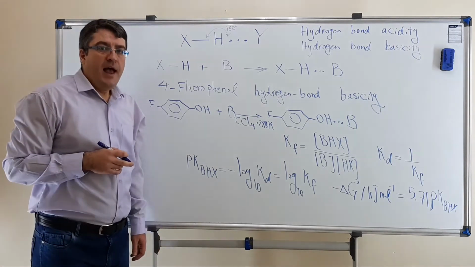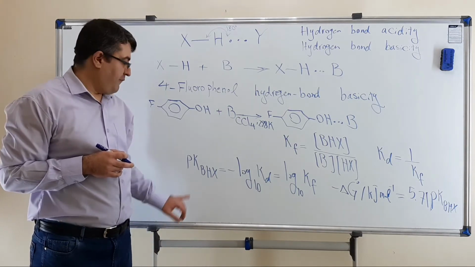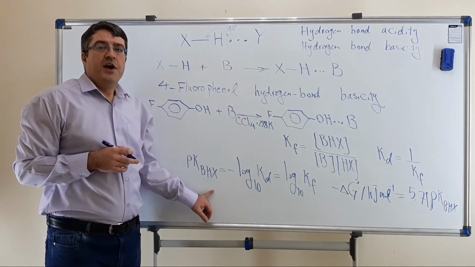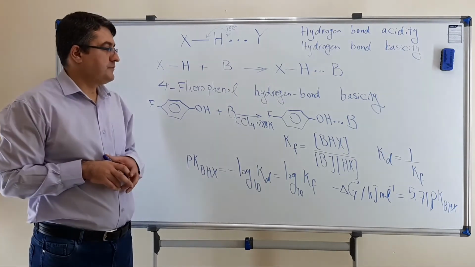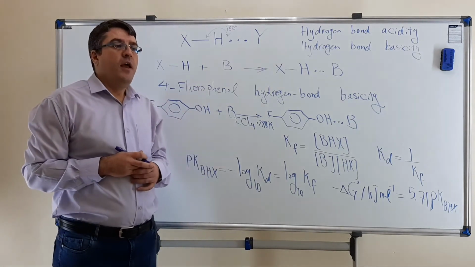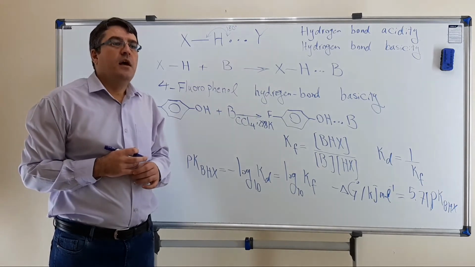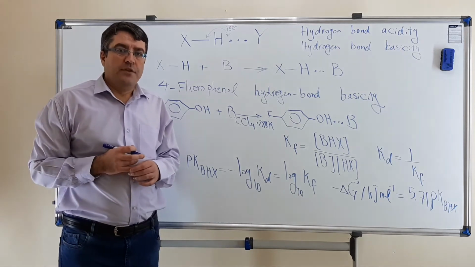Laurence and Gal have provided about 1,000 values of pKBHX in their book. They have considered different types of bases: oxygen bases, nitrogen bases, carbon pi bases, sulfur bases, halogen bases, and so on.